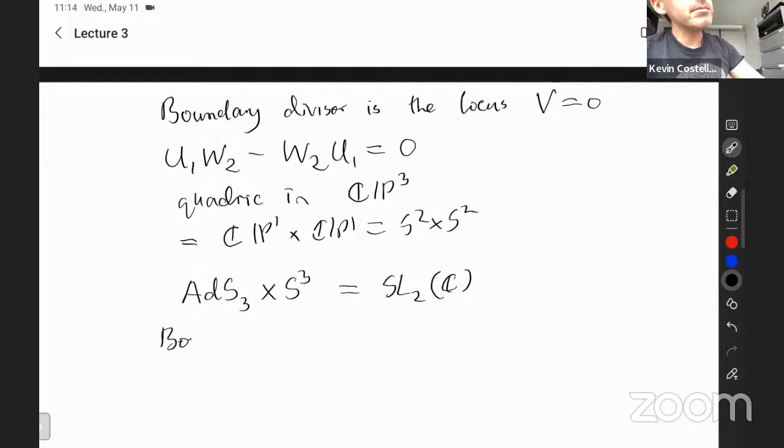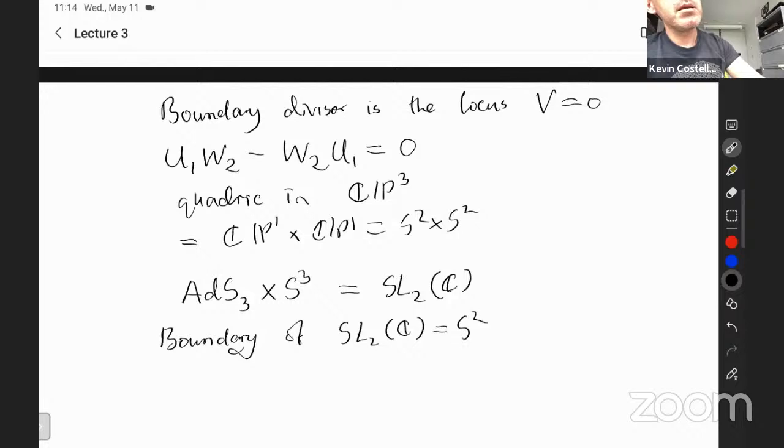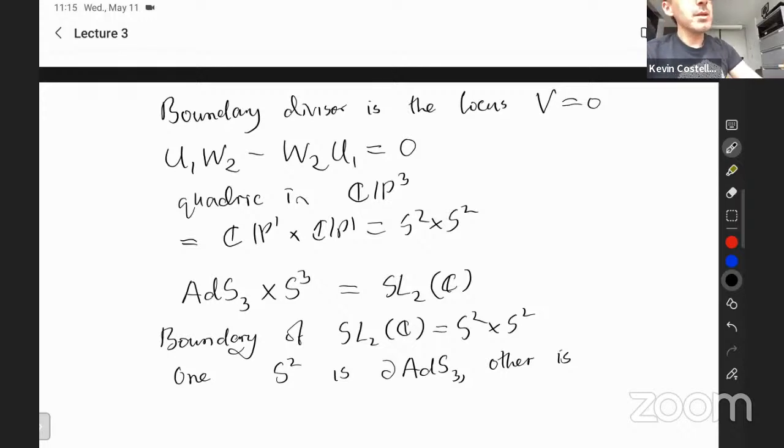One S2 is the boundary for ADS3. The other is almost the S3, it's S3 modulo U1. So they're related by a Hopf fibration.